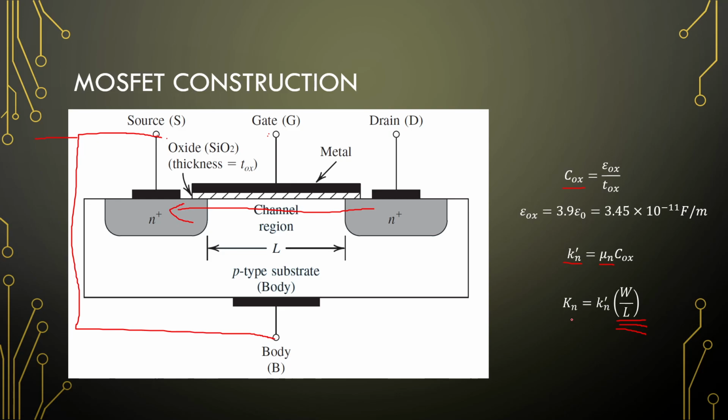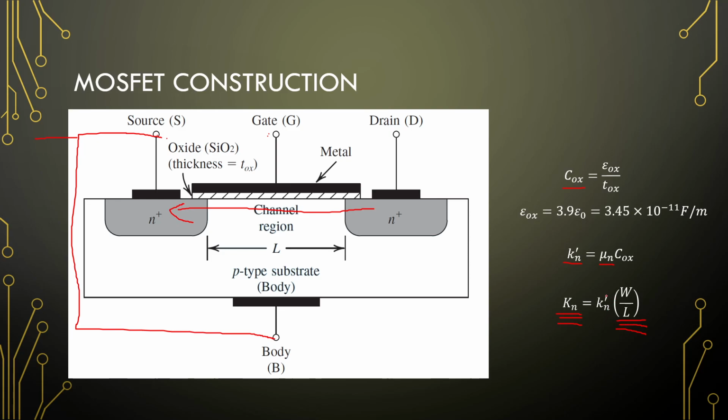Right, so note that big Kn is then small kn multiplied by the width and length. And this one is the one that you will typically find in a data sheet or a SPICE model of a transistor, since this is typically a secret if you buy a transistor off the shelf.